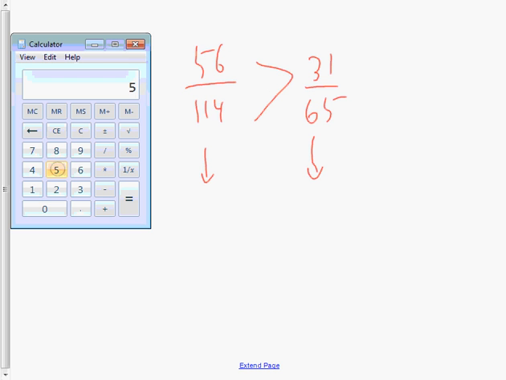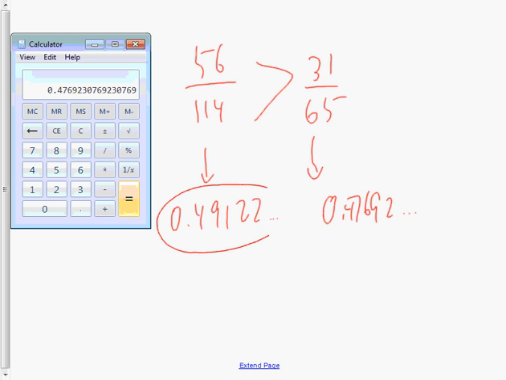So if I go 56 divided by 114, we know that's how we can change a fraction to a decimal. In this case, I get 0.49122 something, something, something. The next fraction, 31 divided by 65, changes into 0.47692 something, something, something. So therefore, this number is larger than this number, and we can say that for question 4, the answer is true.